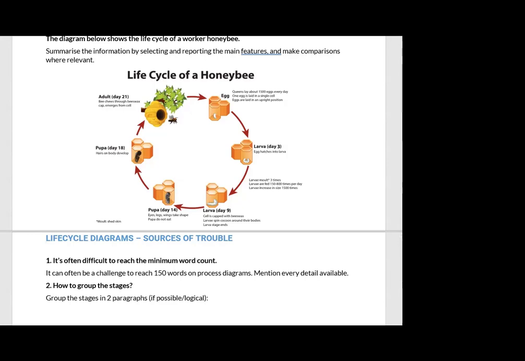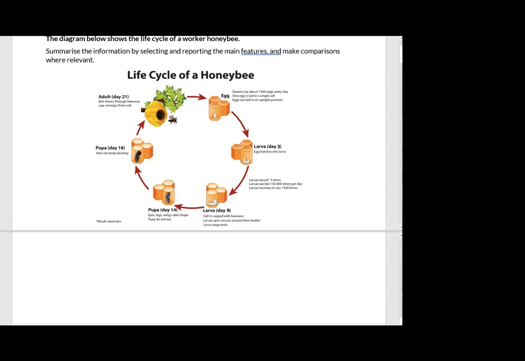Okay, so we've gotten to the best way to group this, which is from egg to larva, and then from pupa to adult. In terms of the verb tense, as you're writing, keep in mind that this is a life cycle. There's no time information. Therefore, this needs to be in simple present. Simple present, the whole thing. Okay, very easy in that sense.